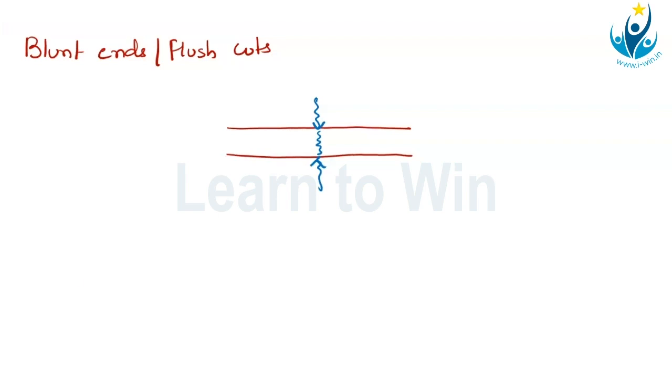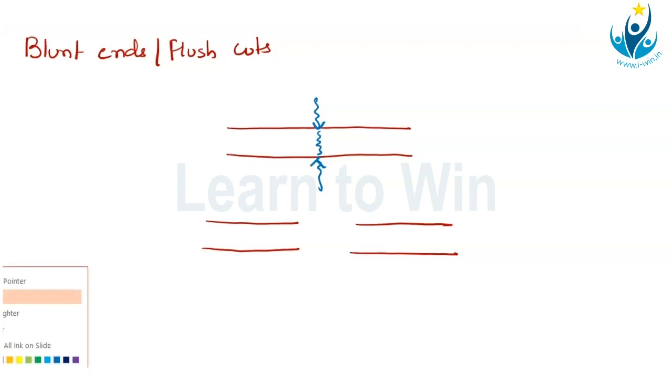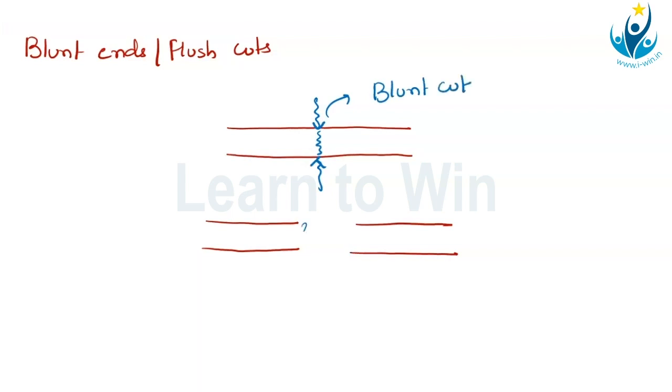I will have two fragments like this, equally cut fragments. These fragments don't have overhangs, so this cut is called a blunt cut, and these fragments are called blunt end fragments.